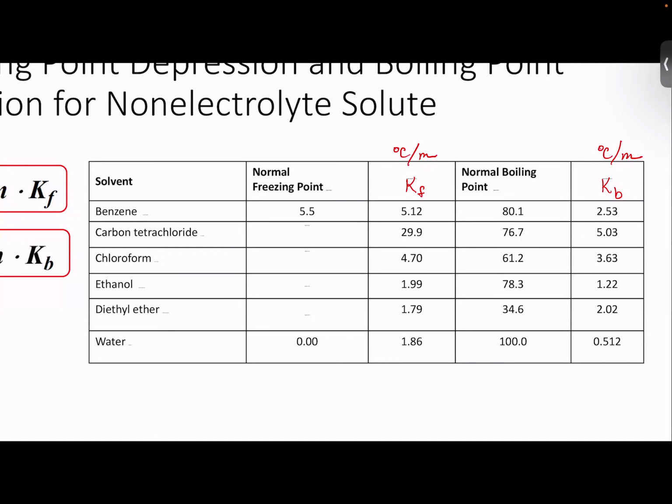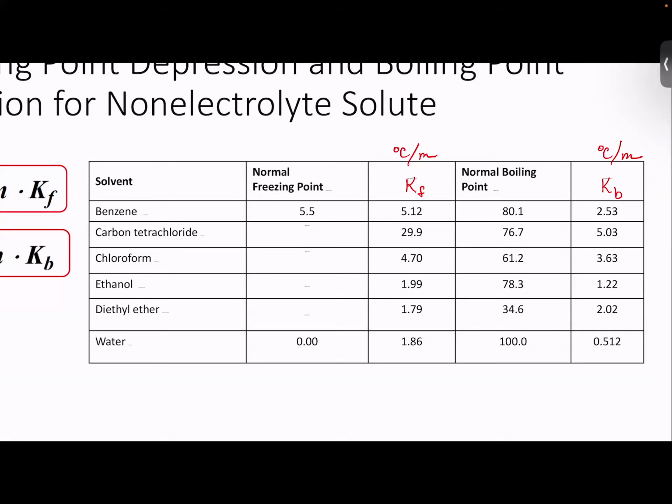You've got bigger problems. For instance, benzene, I would give you. I'm not expecting you to know benzene's, but I will expect you to know that of water. But anyhow, you will be given the Kf and the Kb.